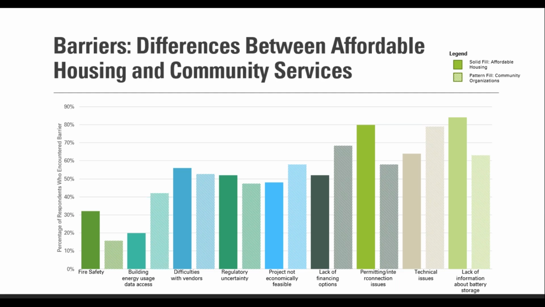housing developers. Similarly, affordable housing developers really experienced a lot more permitting and interconnection delays, which could be for a variety of reasons, but one in particular is that those projects are often bigger, and that means they're much more likely to trigger an interconnection study.